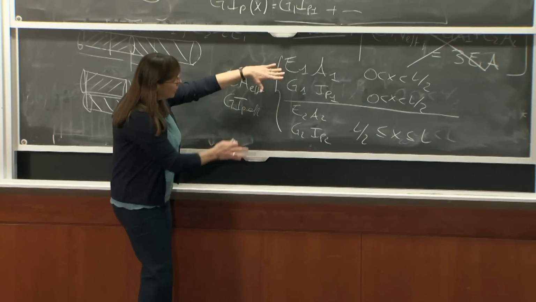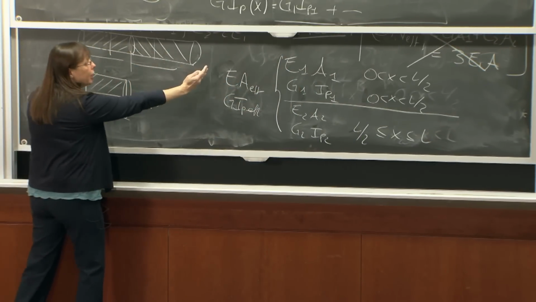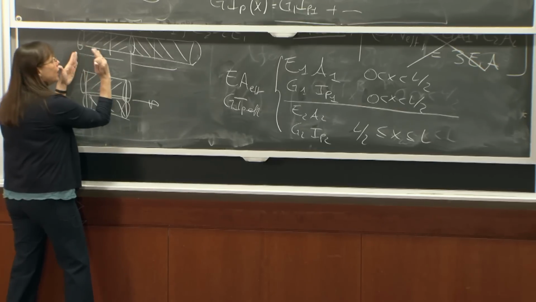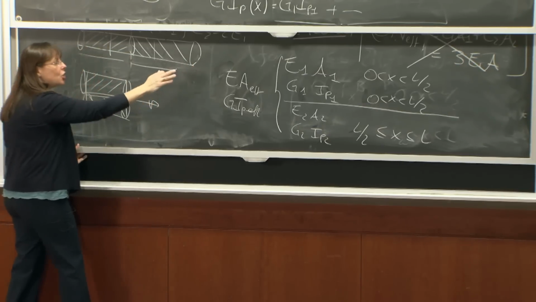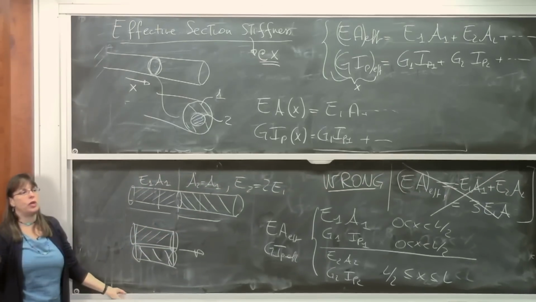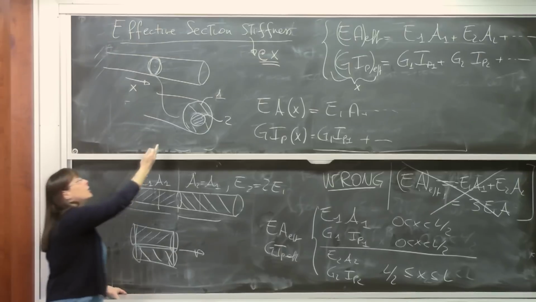So the fact that you have two materials means that your GIP is not constant along x. It changes. It's something up to here, and then it's something from here to there. But it doesn't mean that just because you see E1, E2, you say, oh, I know, it sums up. It sums up if they're on the same section.